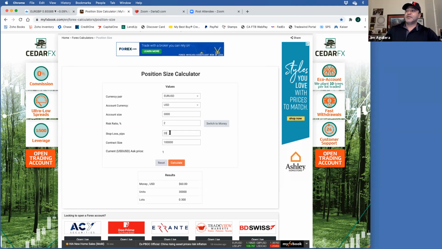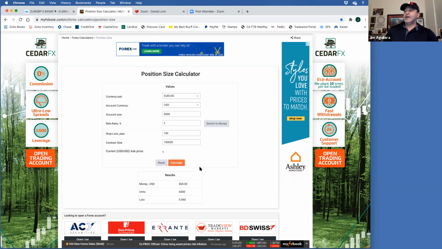Now, if you had a bigger stop loss, let's say it was 100, and you calculate that, you're going to notice that the lot size you can use now is much smaller. Right? It's 1/5 the size. It used to be 0.3, now it's 0.06. Obviously, the more pips that you potentially could lose, the smaller you have to make your trade to still only lose $60 if you do lose that trade.